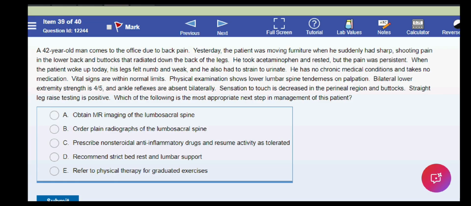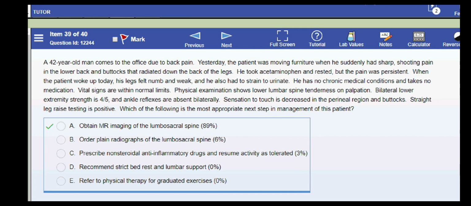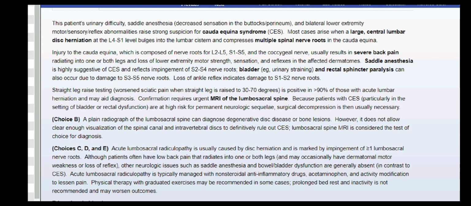Obtain MR imaging, meaning MRI, of the lumbar spine, because this is what we call cauda equina syndrome. This comes with large central lumbar disc herniation. When you see this large herniation, it could cause saddle anesthesia, meaning loss of sensation in the buttock and perineum, and bilateral lower extremity.